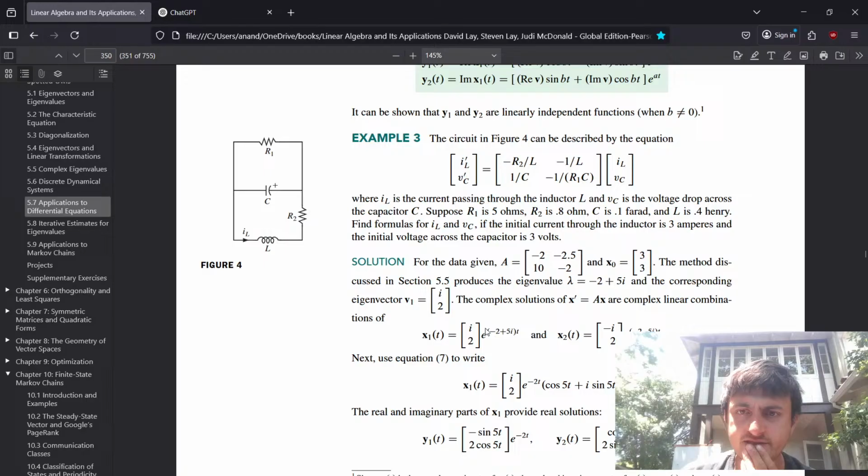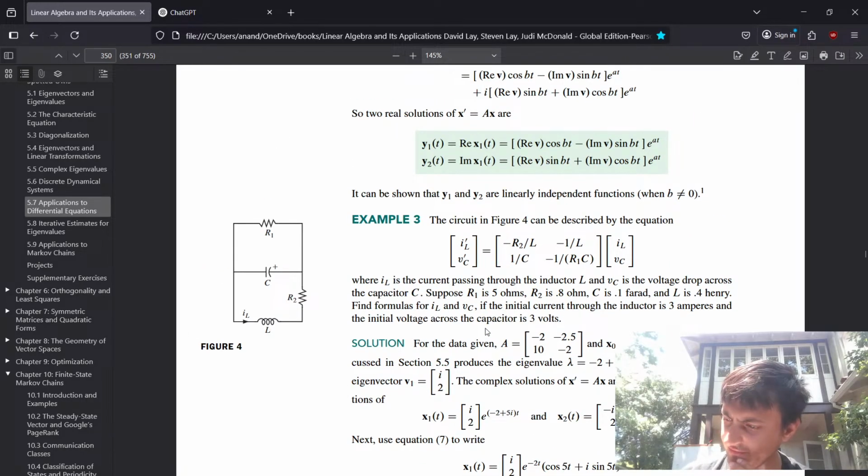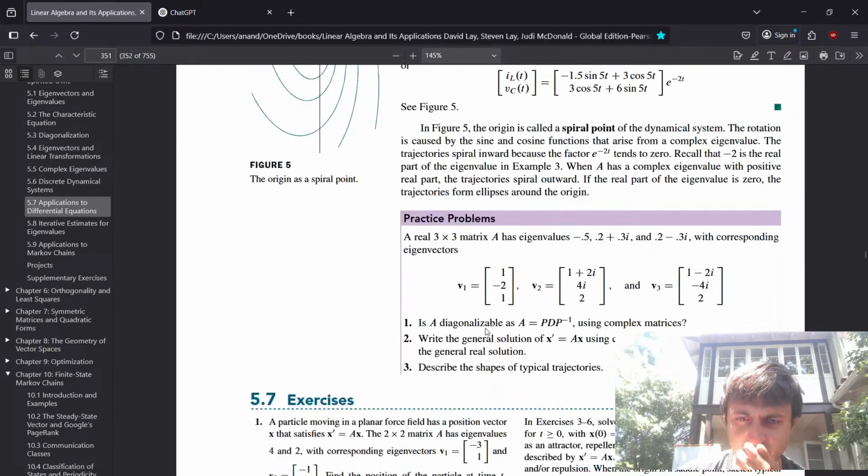Okay, so I think what the answer for now is, right? What is the exact language they use?